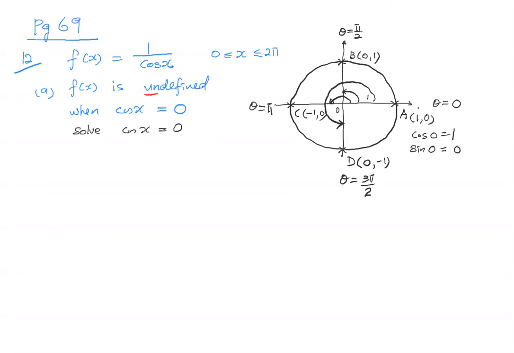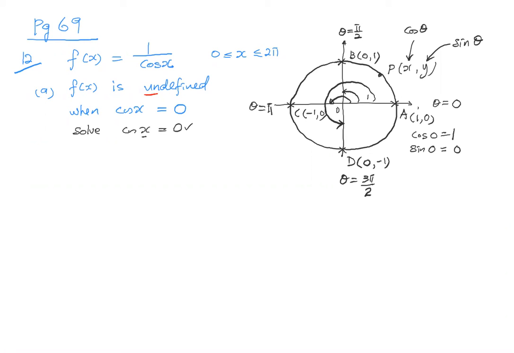So look, we know that the x coordinate represents the cos of the angle. The y coordinate represents the sin of the angle. Okay, so now we want cos of the angle equal to 0.